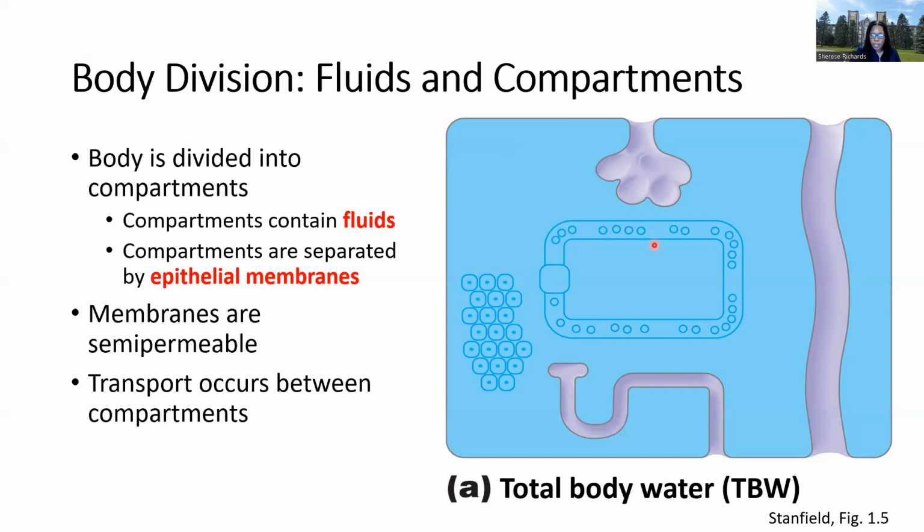So the first one that we want to introduce is called the total body water, also called TBW. So this is all the water in the body, all the water in the internal environment. Notice here, the lungs, the GI tract, the urinary tract are excluded from total body water. So this is all the water that is immediately surrounding your internal tissues and cells.